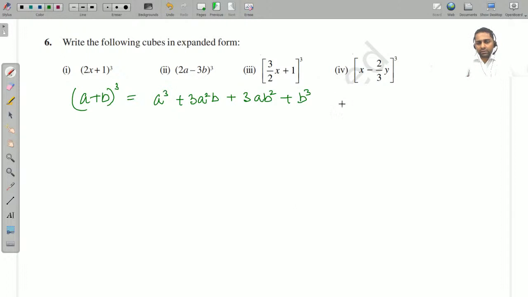We have also learned one more form of this: if we take 3ab as common, it comes out to be a cube plus 3ab times a plus b plus b cube. But we need to expand it, so this is not required over here, we'll deal with this only. I'll be doing the third part. The first two parts you may do at your end, those are simple ones.